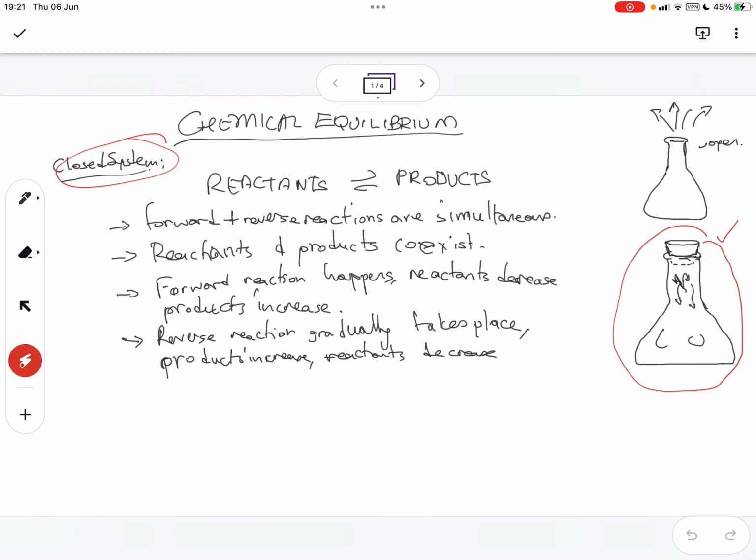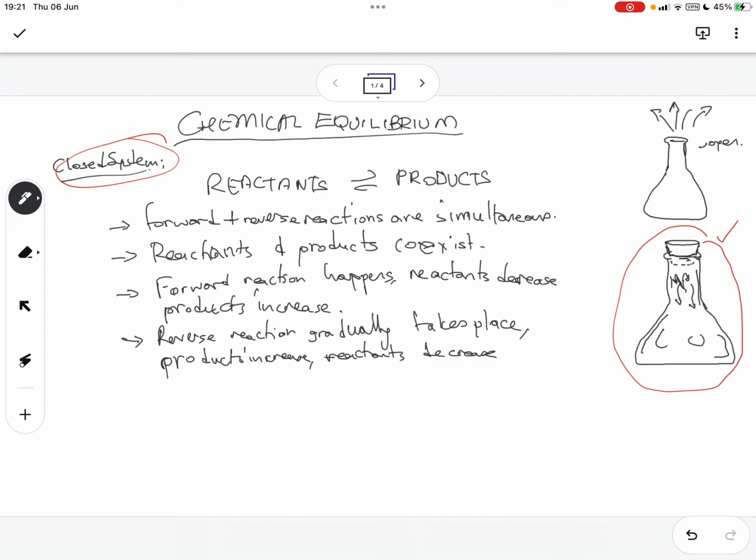What happens in chemical equilibrium problems that we solve in our classes, né? They usually involve reactants and products that are in a closed system. If you want to think about a closed system, you can imagine a reaction happening in an Erlenmeyer flask.